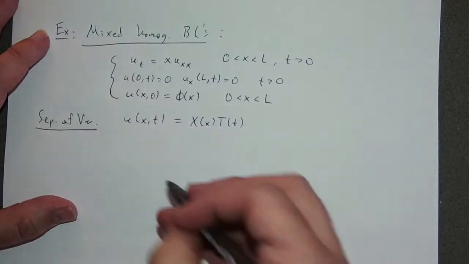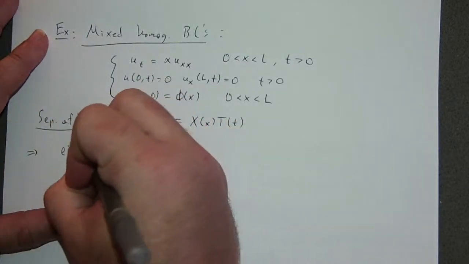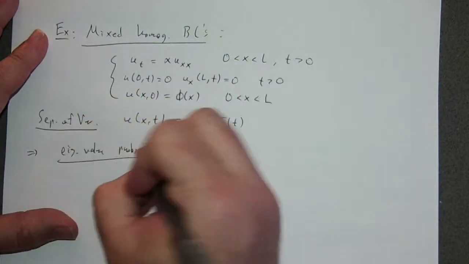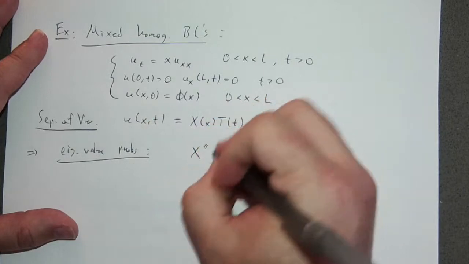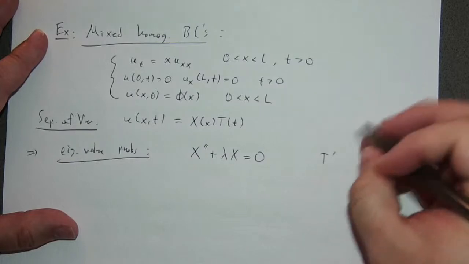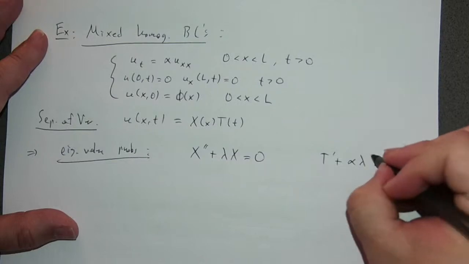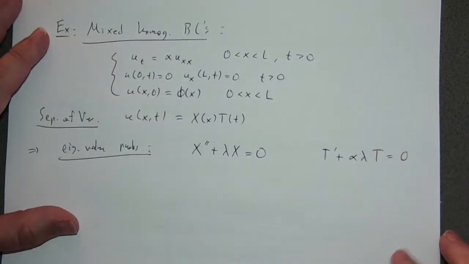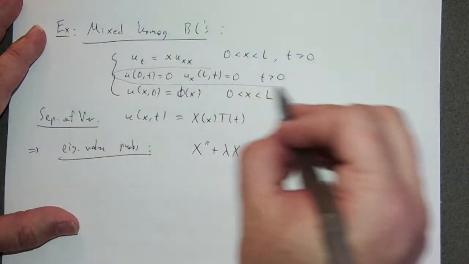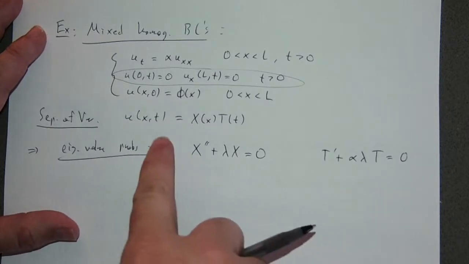Well, as usual, my eigenvalue problems are going to be X double prime plus lambda X is equal to 0, and T prime plus alpha lambda T is equal to 0, where I have no conditions here, and now I have these mixed boundary conditions that are going to descend to what kind of boundary conditions here?